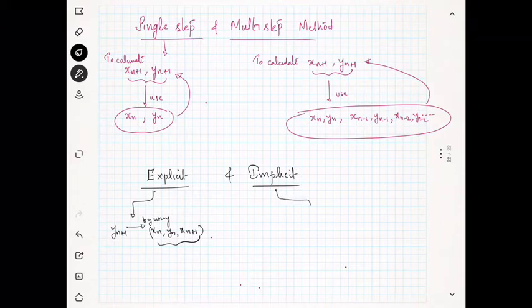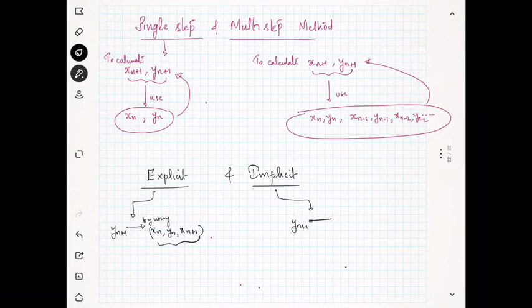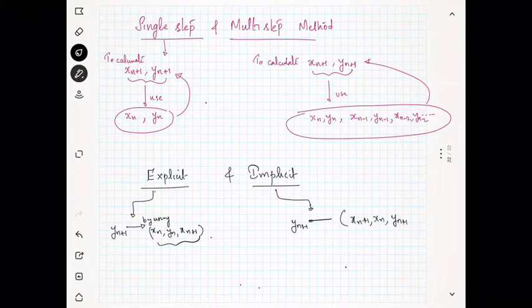However, in the implicit method, you will calculate yn plus 1 by using xn plus 1, and you will also use xn, and you will also write it as a function of yn plus 1.